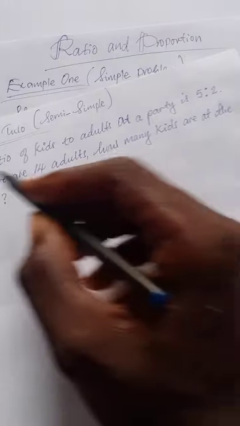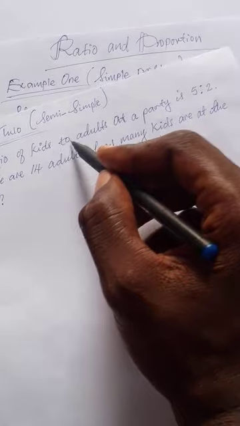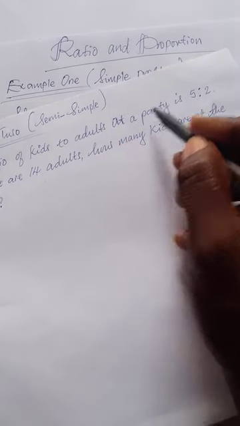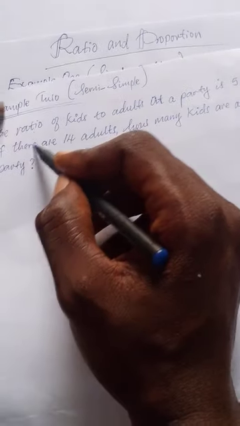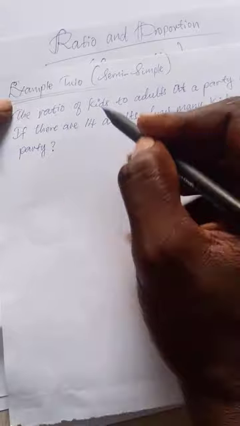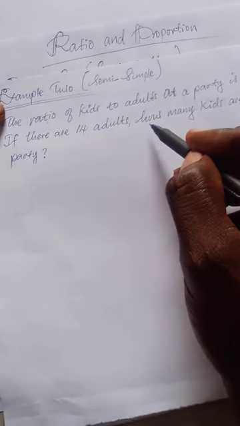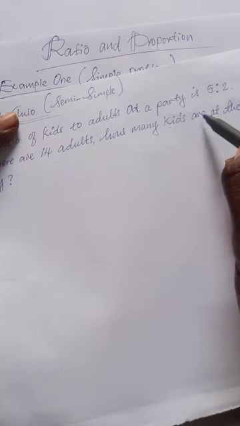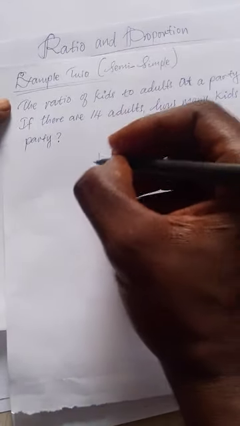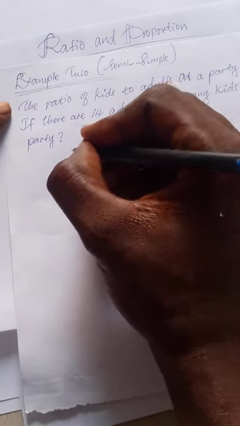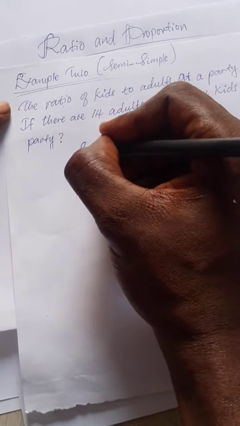The ratio of kids to adults at a party is 5 to 2. If there are 14 adults, how many kids are at the party? This is how we are going to solve it. Let's check it out.